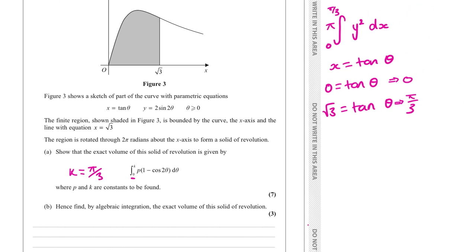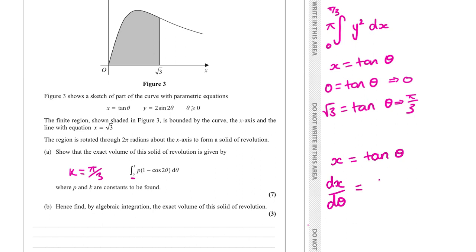So now that we've changed our limits, we have dx, however we want this in terms of d theta, right? So if we know that x equals tan theta, dx d theta equals, and if I differentiate tan, what do I get?